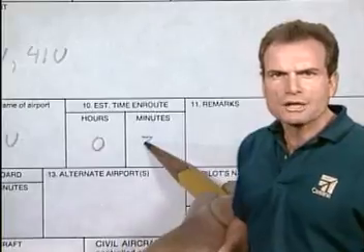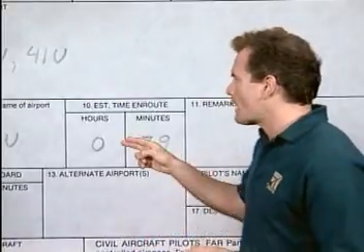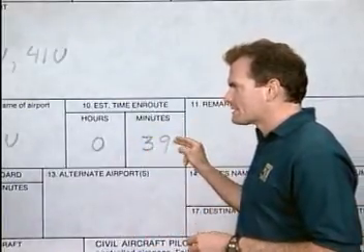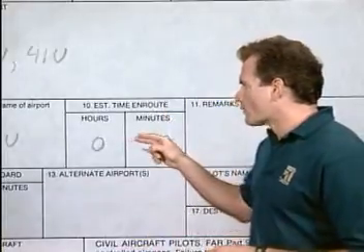And make sure that you change the minutes to hours and minutes. For example, if your total ETE, estimated time en route, were 120 minutes, you'd enter it as 2 hours and 0 minutes. Be careful. Make sure you don't say 1 hour and 20 minutes for 120 minutes. That's a common mistake, especially for a bonehead like me.